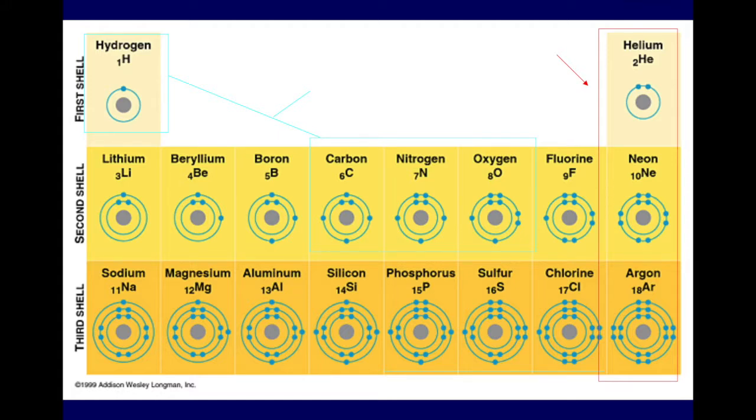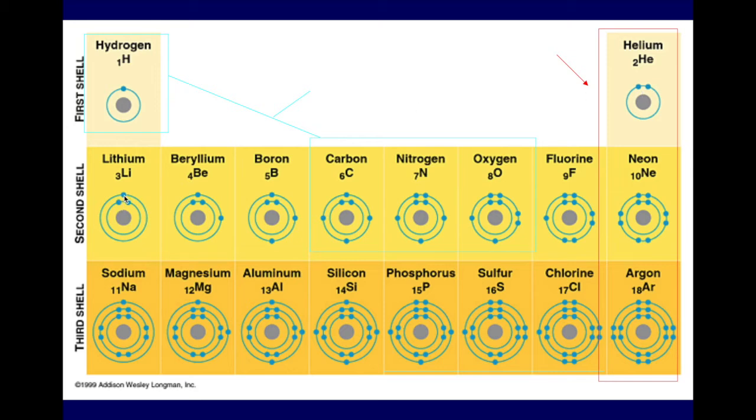Looking at the atoms and where their electrons are, we can see that hydrogen has 1 electron, helium has 2. That's the maximum number of electrons at that energy level. Lithium has 3.